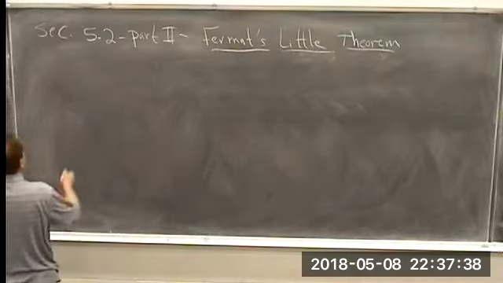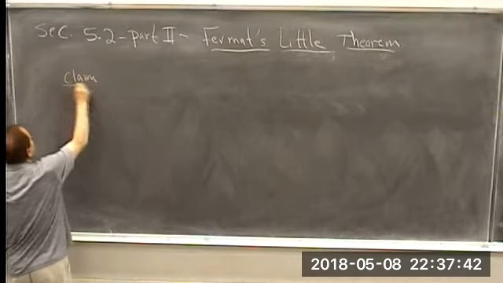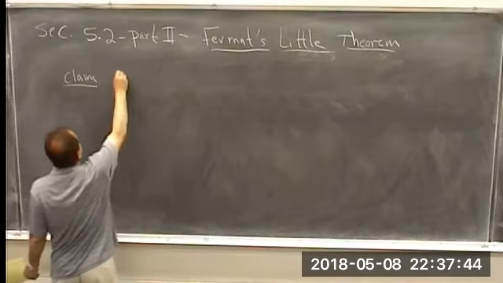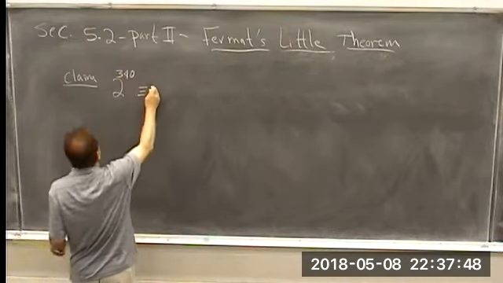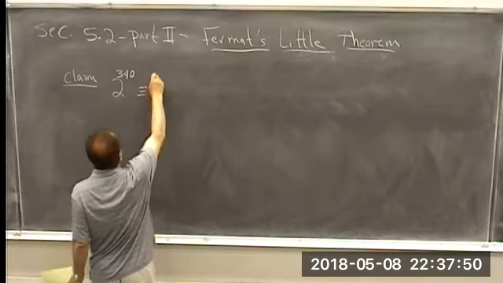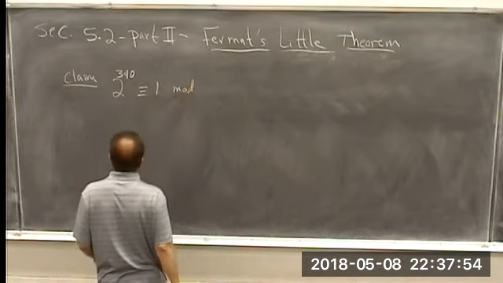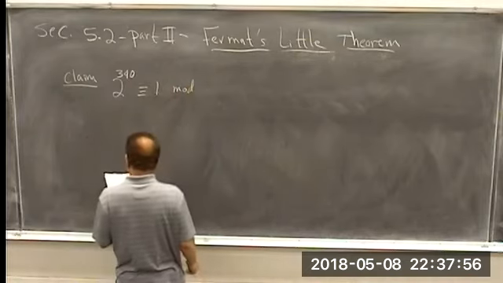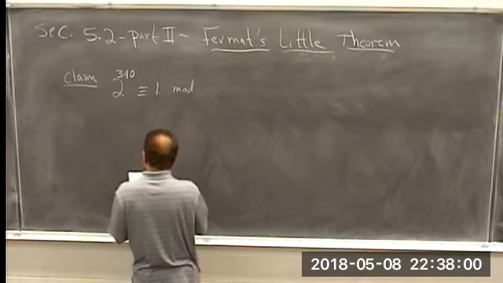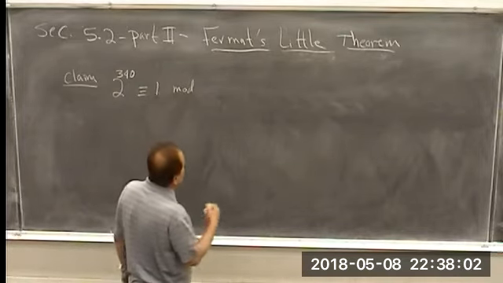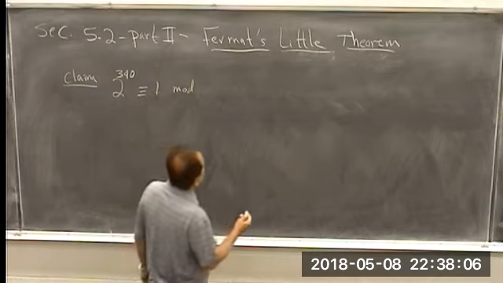So this is what we wanted to show, or I claim: 2 to the 340 is congruent to 1 mod 341. In other words, the other formulation of Fermat's theorem.